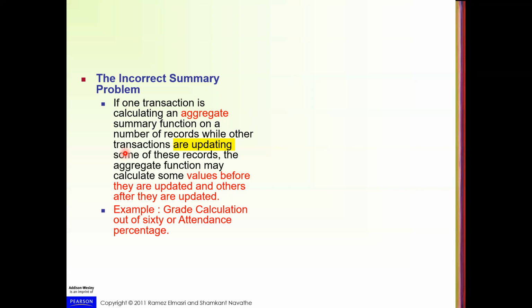The updated grades are not considered for you, and for other students they were considered. So this is called an incorrect aggregate summary, done on some students before the grades were updated and for some other students after the grades were updated. So this is called the incorrect summary problem.